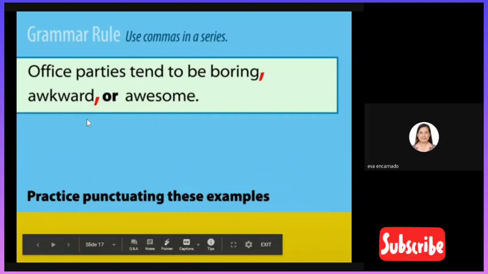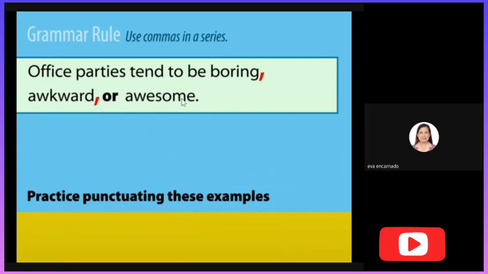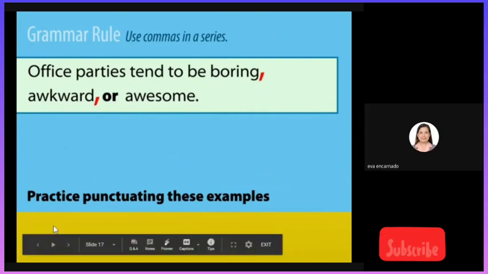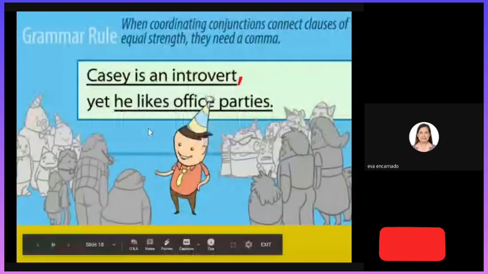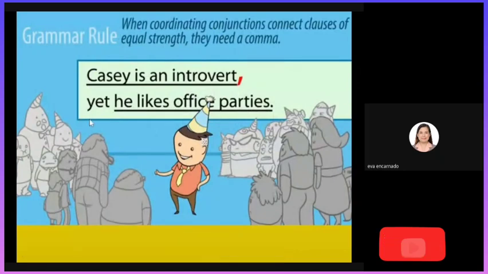Next one. Office parties tend to be boring, awkward, or awesome. So we need to use commas in a series of items. All right, look at this. Cassie is an introvert, yet he likes office parties.